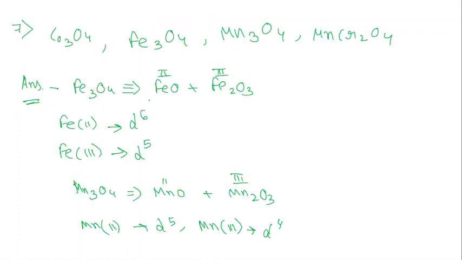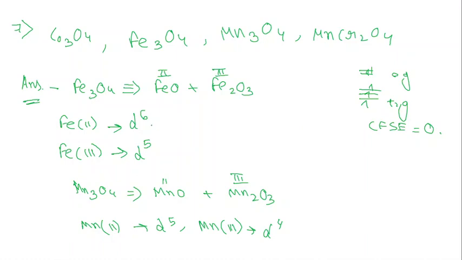So d5 systems. What is the CFSE of the d5 system? Can anyone tell me? d5 system only: 1, 2, 3, 4, 5. The CFSE here is 0. Due to this splitting, it's not getting any stabilization. So it can be anywhere, in the octahedral field or in the tetrahedral field.